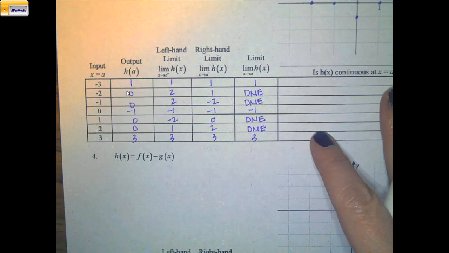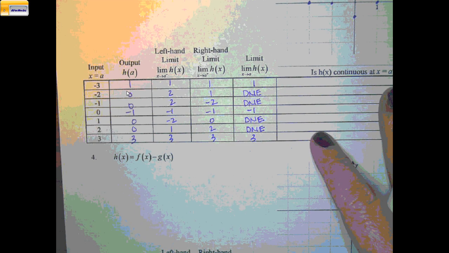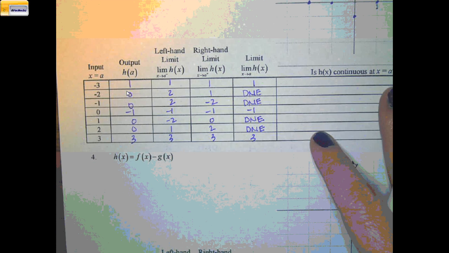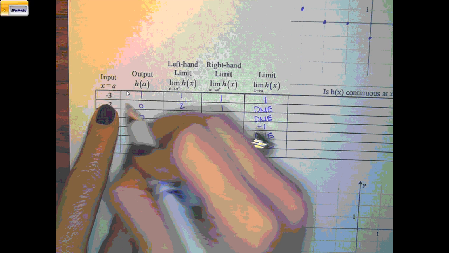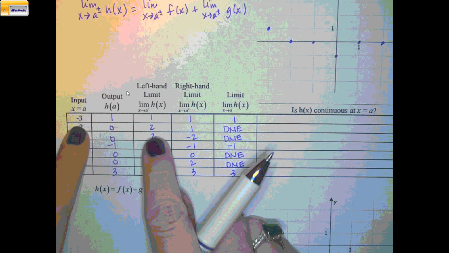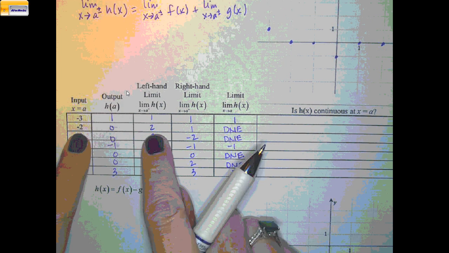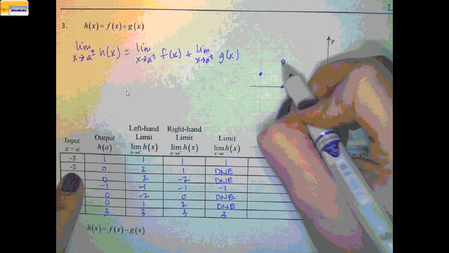All right, now we've got this limit business. Remember, a limit is what we are approaching. So those are all going to be open circles because we're approaching that value without actually touching it. So we've got -3, 1. I need to put an open dot there, but I already have a closed dot, so leave it alone. It's fine. Next one, -2, 2. Go to -2, +2, put an open circle.